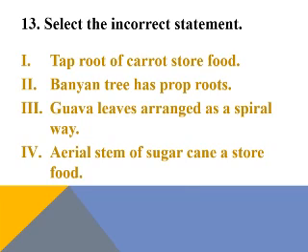Radish, beetroot are some other examples for this type of food. Banyan tree have fruit. Yes, in banyan tree it gets support from fruit for their huge branches.